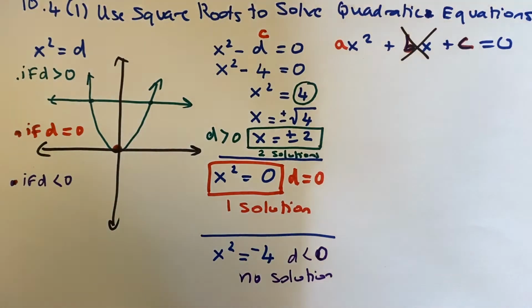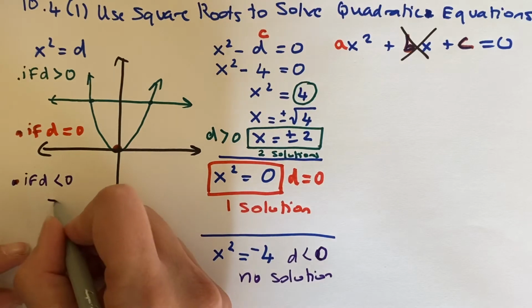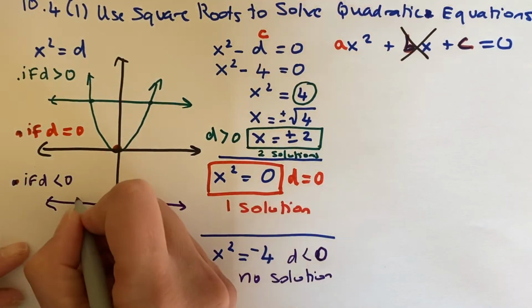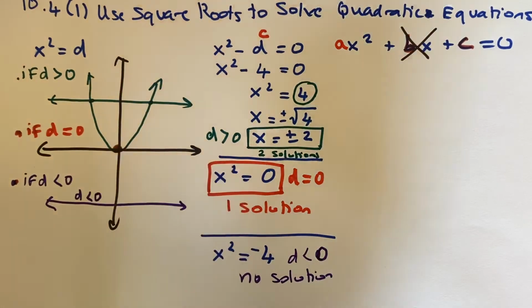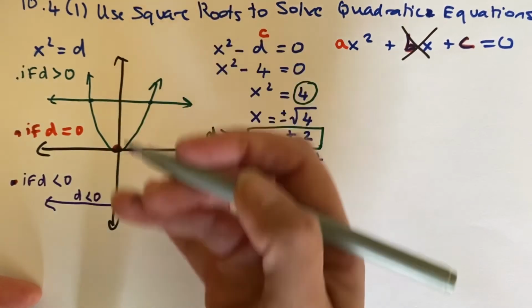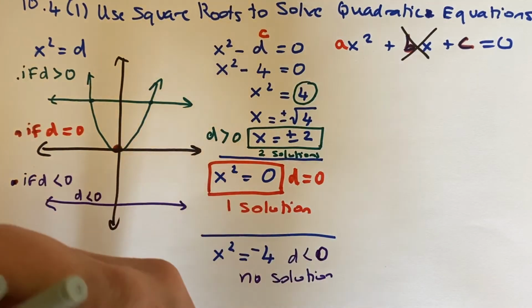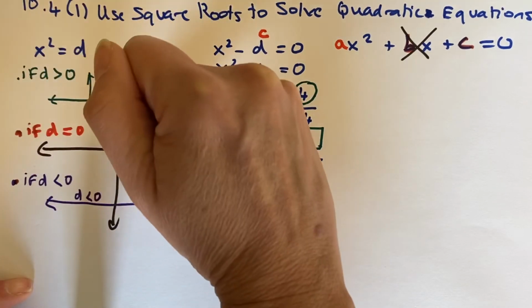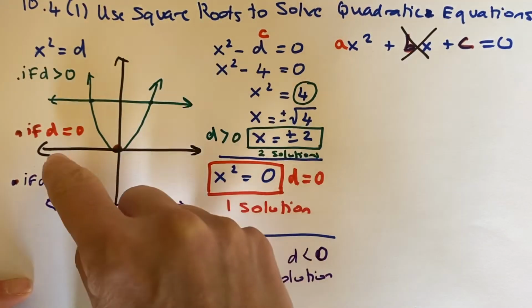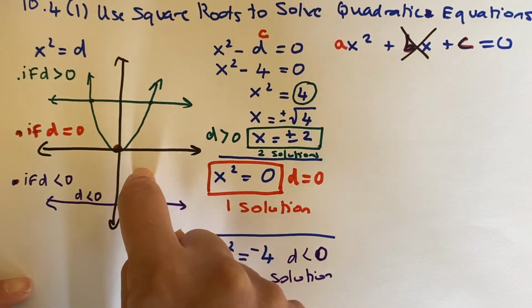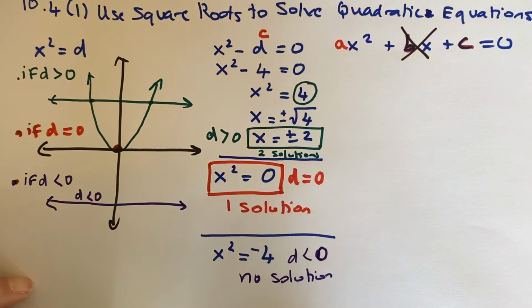It's going to be along this line down here, because there's no intersection with the parabola. So essentially you have a parabola here and they're telling you if d is greater than 0, you're going to have two points. If d is 0, you're going to have one point. And if d is less than 0, you have no solution.